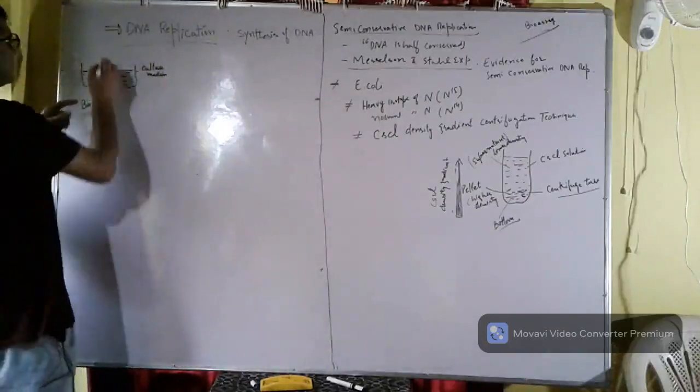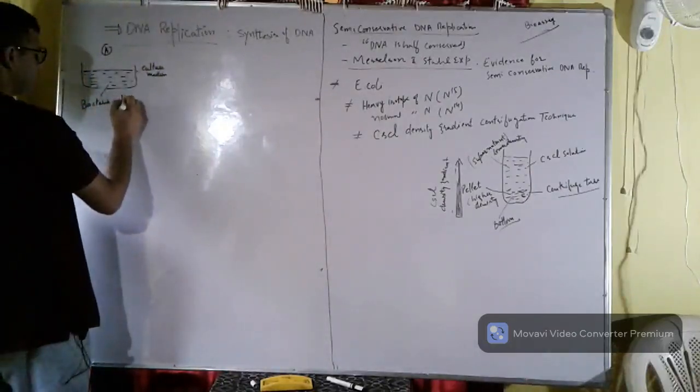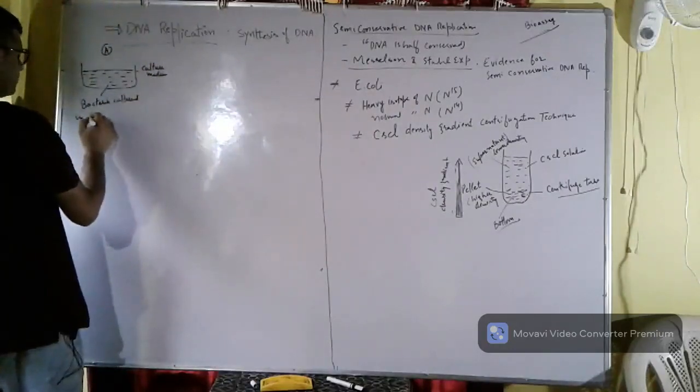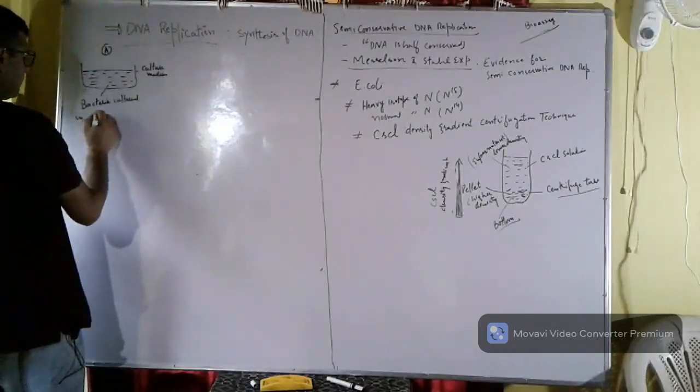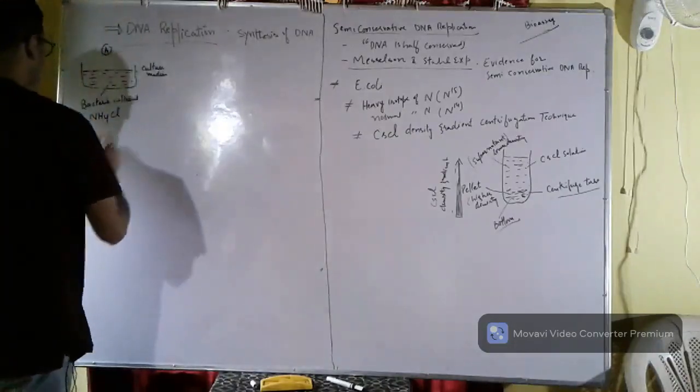That means in this culture medium A, bacteria were cultured in ammonium chloride solution.